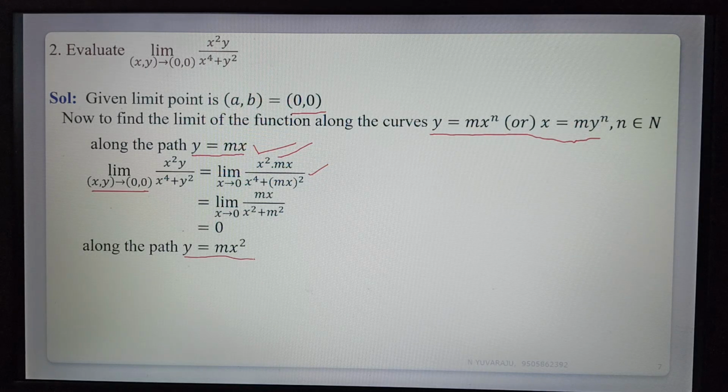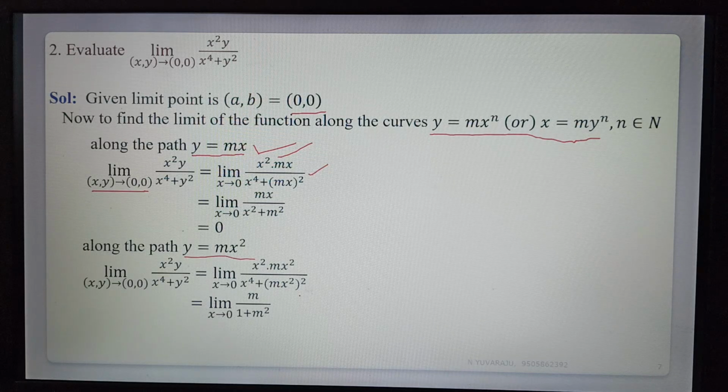Similarly, we choose the second path, y equal to mx square. In this path we find the limit: limit x comma y tends to 0 comma 0 of x square y by x power 4 plus y square is equal to limit x tends to 0 of x square into mx square by x power 4 plus mx square whole square. So that is equal to limit x tends to 0 of m by 1 plus m square, that is m by 1 plus m square. Here m is a constant.